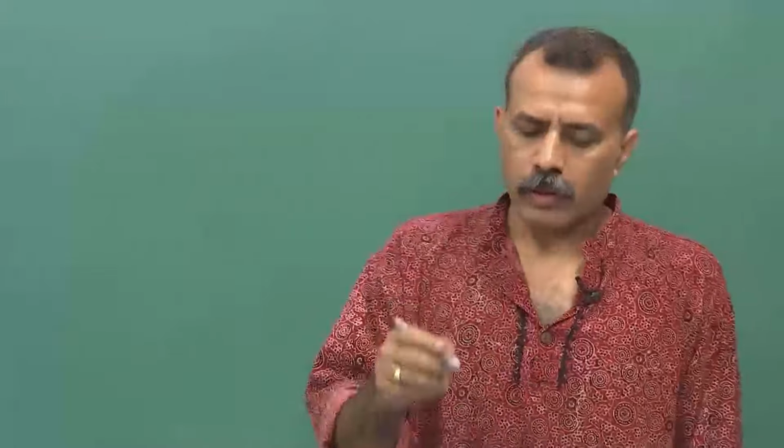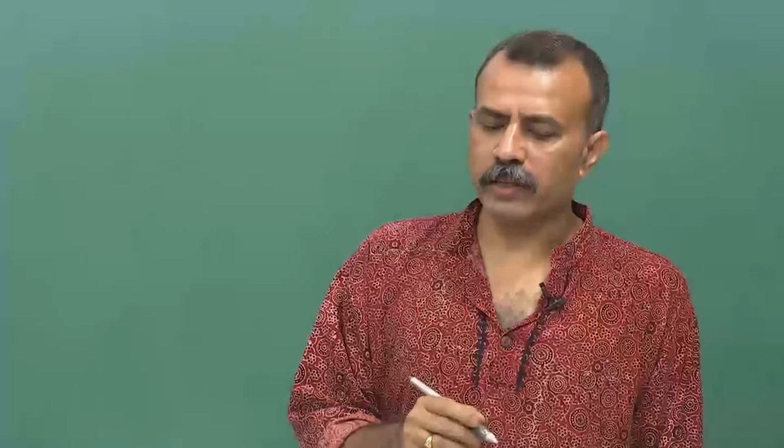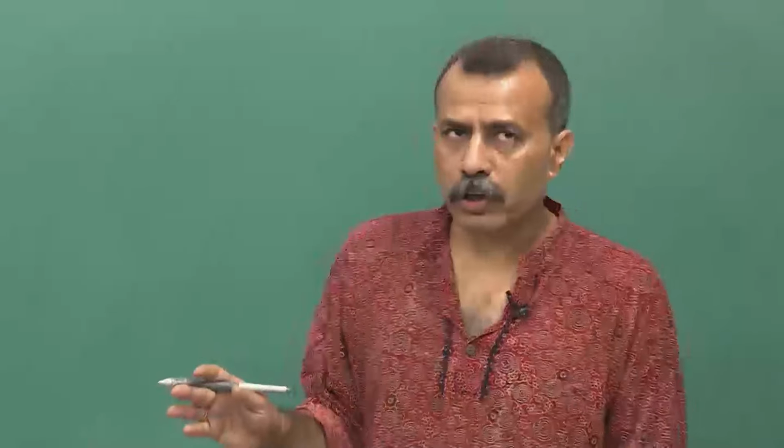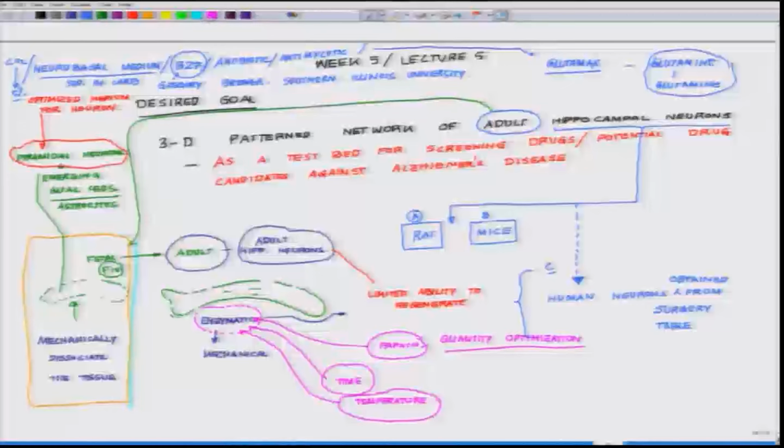Now, the modification that has been made in this medium is that pretty much all the components remain the same, except its osmolarity has been varied, because the osmolarity of this medium is approximately 215 to 225 milliosmol.